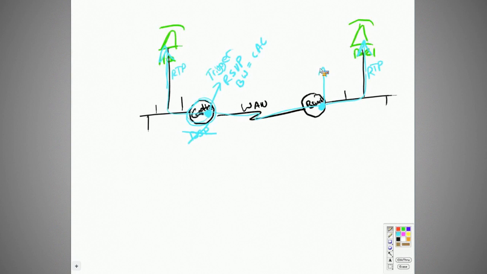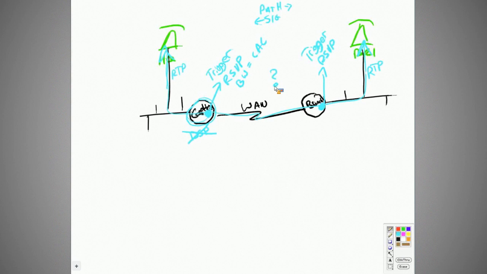So we trigger that on both sides to provide our path and signaling messages back and forth for RSVP to determine, is there enough bandwidth to allow the call to continue.